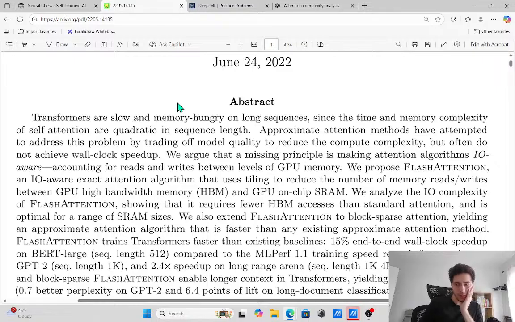Karpathy's principles are on the bitter lesson, which is my understanding of the bitter lesson is like the more hand-drawn things you have, like the more, oh, I'll use George Hotz again.